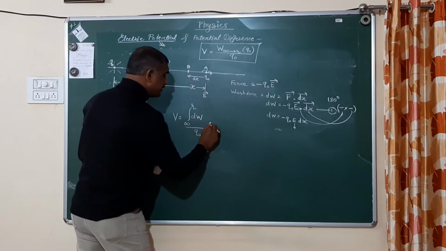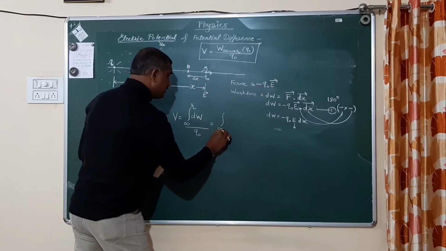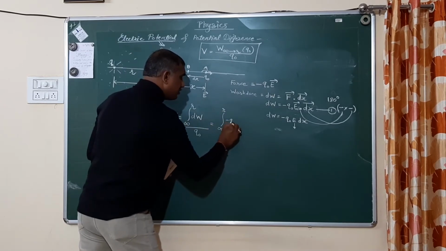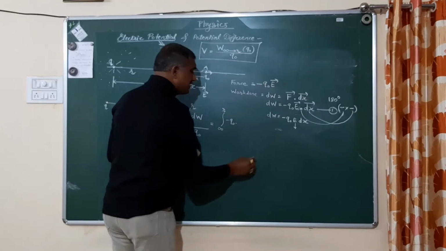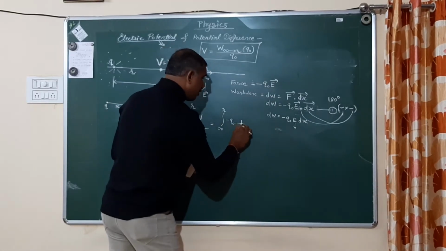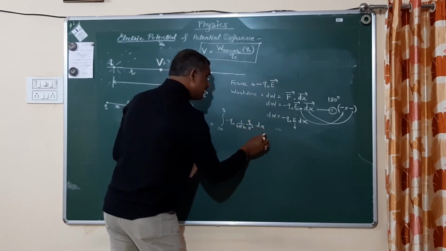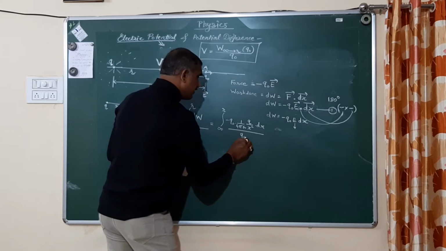Now go ahead with this integration from infinity to R. dW is equal to minus of Q0, and the value of E is equal to 1 upon 4 pi epsilon 0 Q divided by x square into dx, and that much divided by Q0.